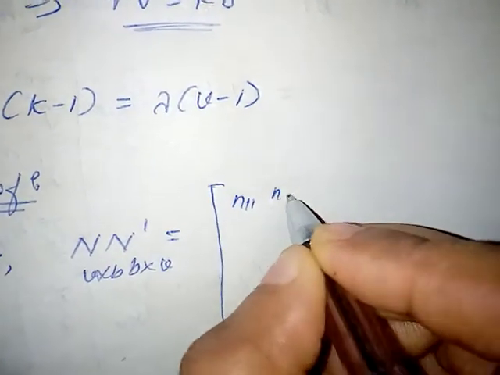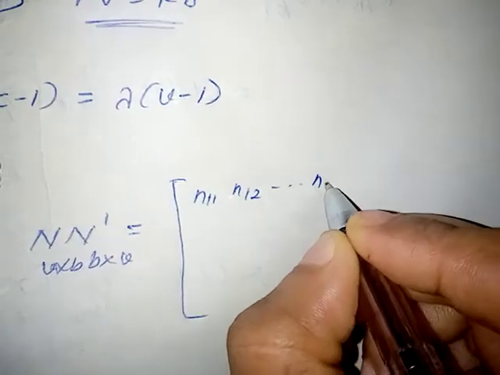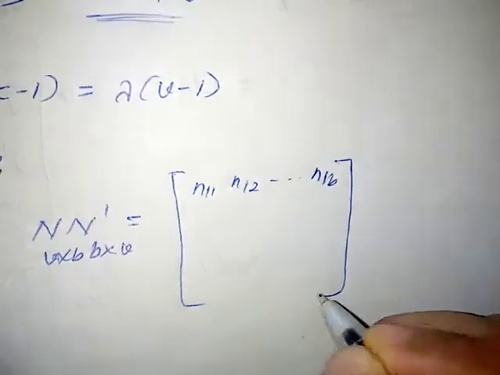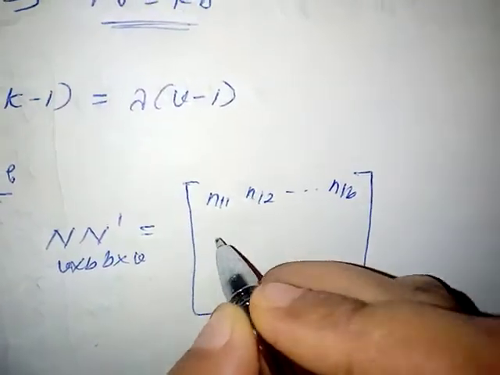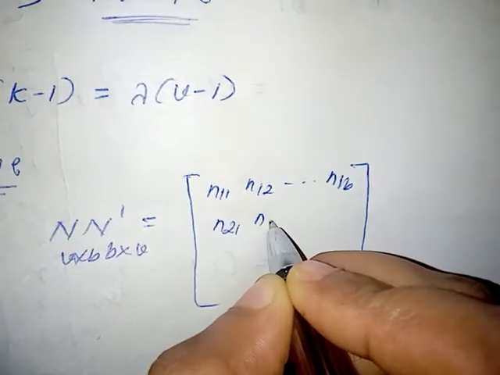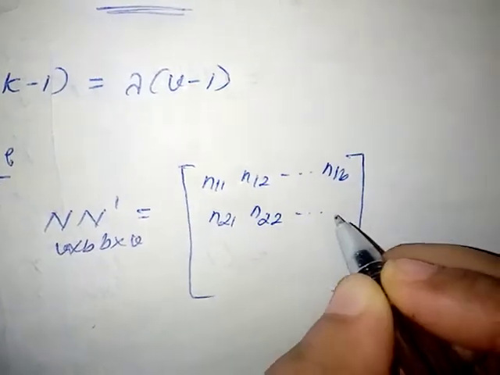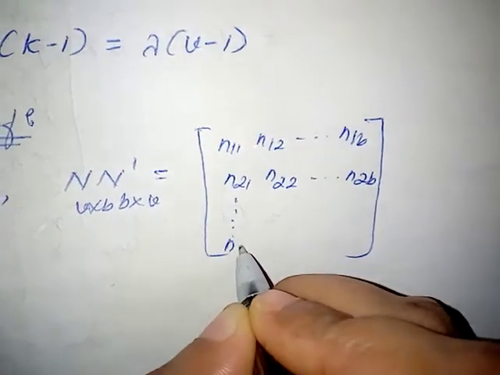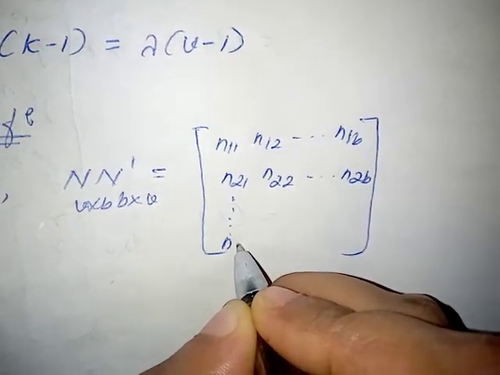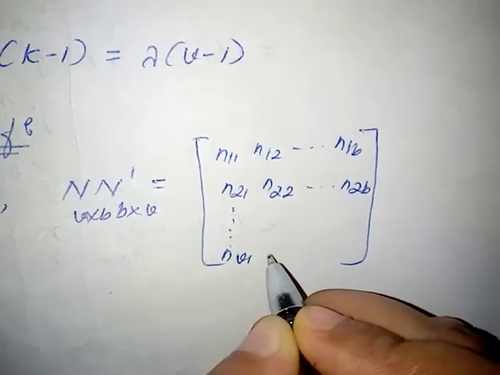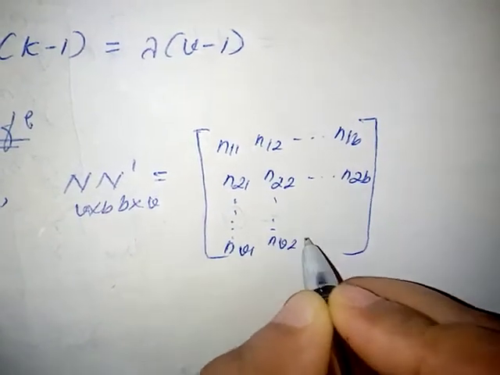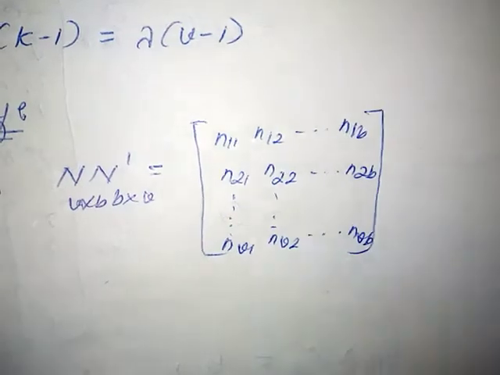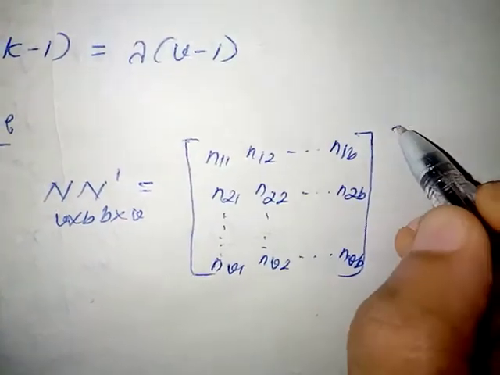N is equal to N11, N12, so on, N1b, N21, N22, so on, N2b, so on, Nv1, Nv2, so on, Nvb, right? What is N transpose?